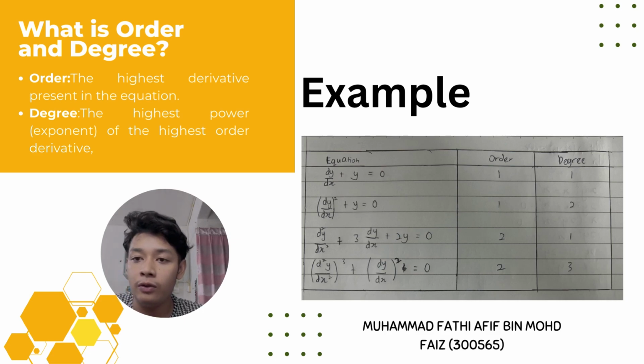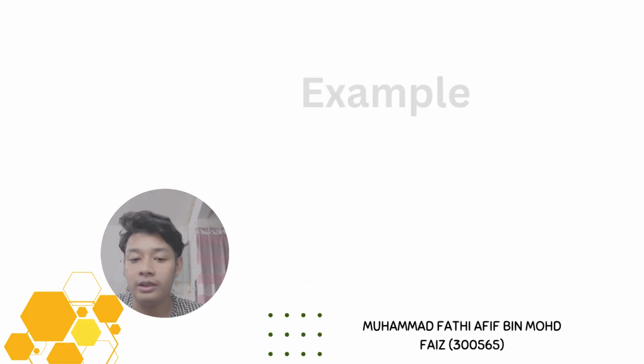Next, we go through equation 4. In this equation, the highest derivative in the equation is 2. So the order is 2. And then the highest power exponent of the derivative order is 3. So the degree is 3.